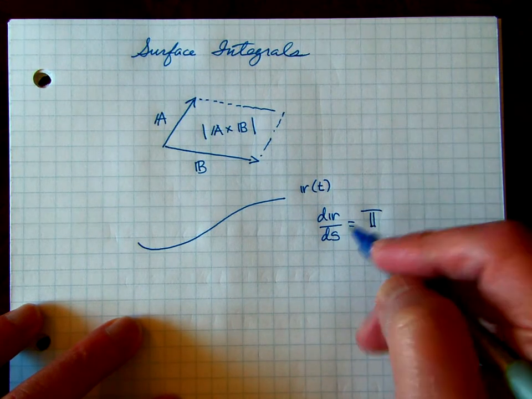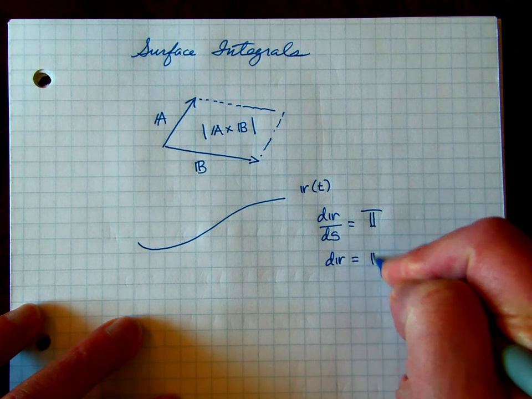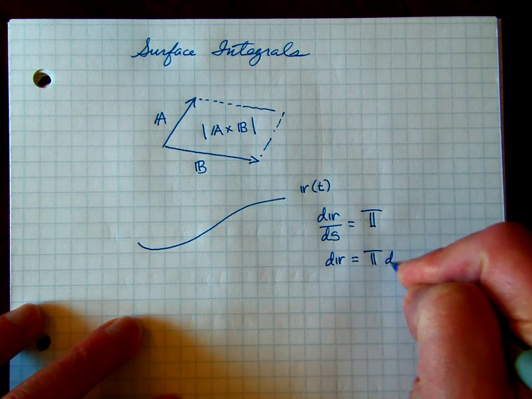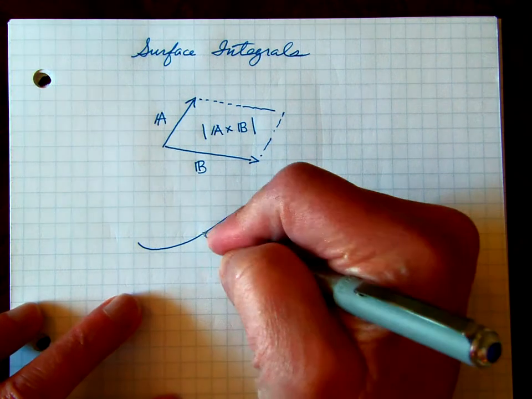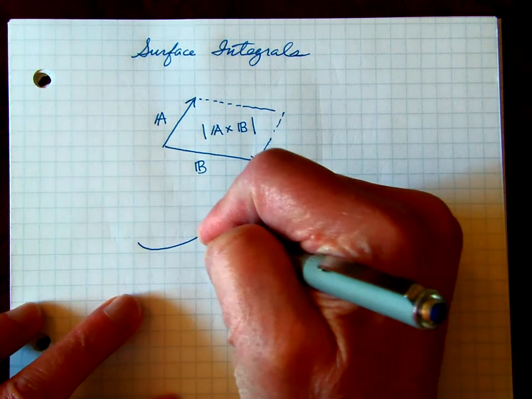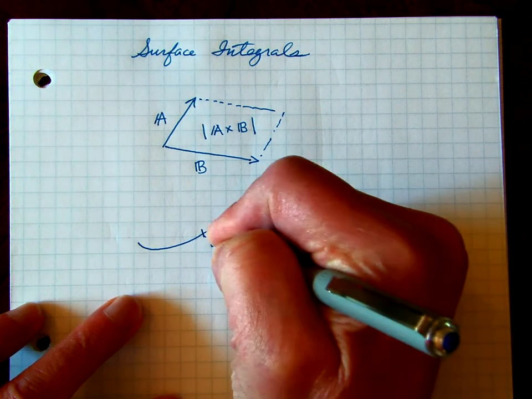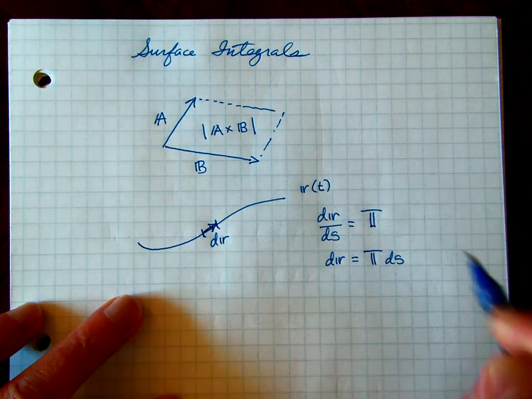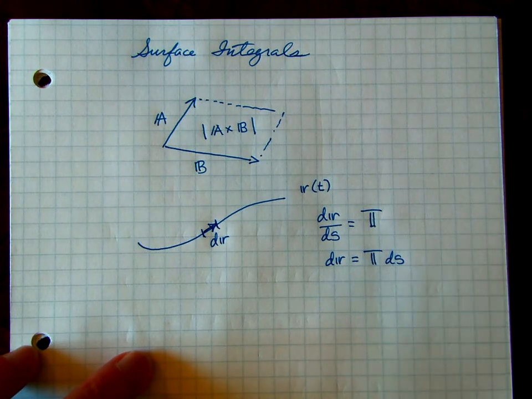So this is also telling you that if you take dr, that is just the unit tangent vector times the differential of arc length ds. So if you were looking over here at dr, where this is like a tiny little vector, its length is ds, because this is a unit vector and doesn't contribute to the length.